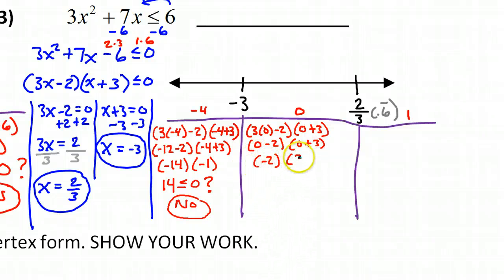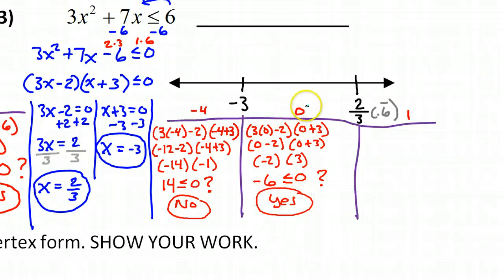So is that less than or equal to 0? And yes, any negative number is less than 0. So yes. That means 0 is a solution, so everything in this area is going to be a solution.